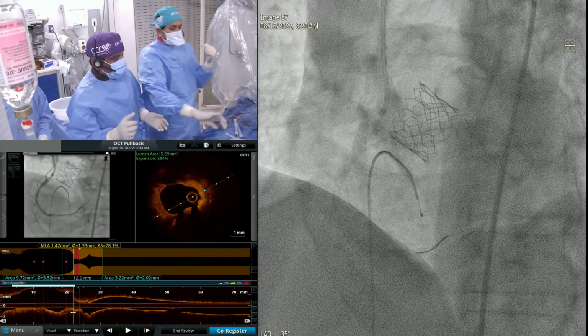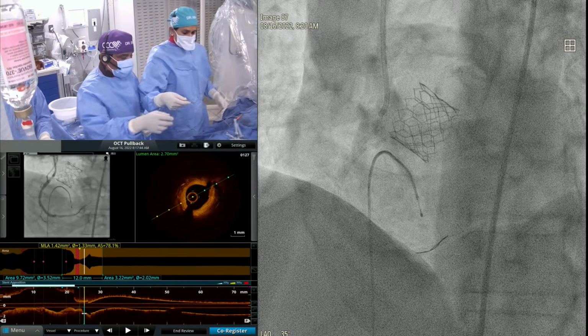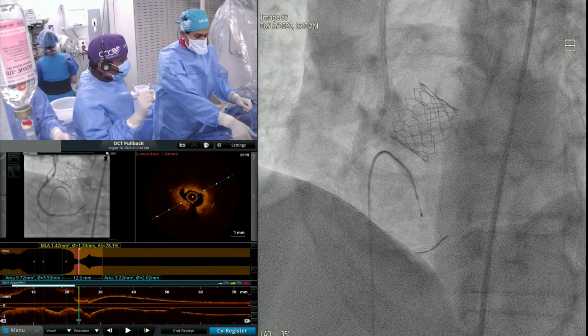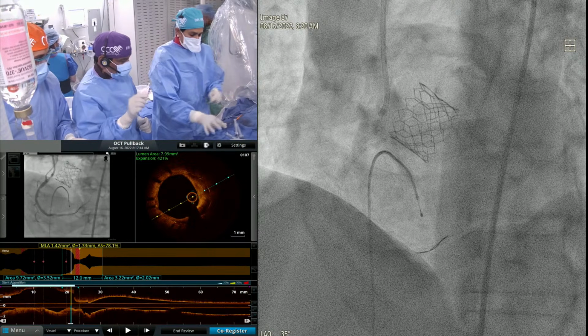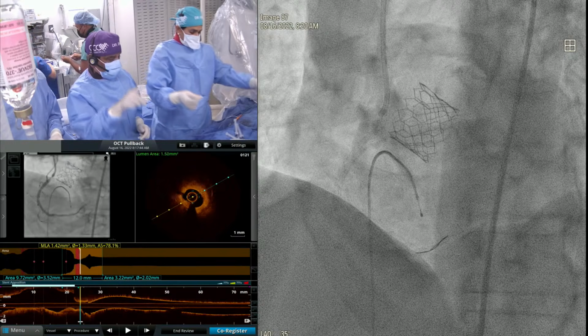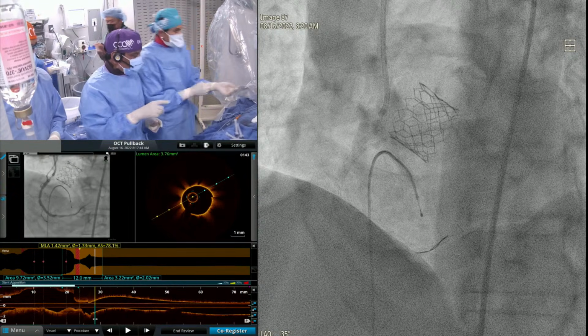I don't know about laser; we could have just tried a high pressure balloon. And the second issue remains that there could have been calcium within the stent or behind the stent. And remember, the people wanted to ask our strategy after the OCT, how would I change the program? Is this 1.5 or not?